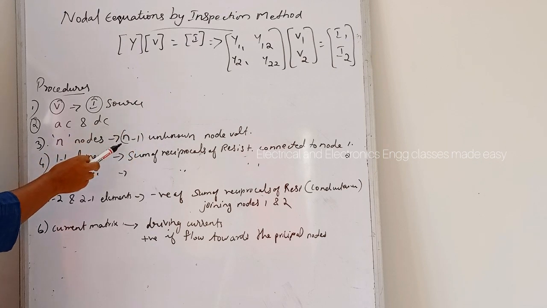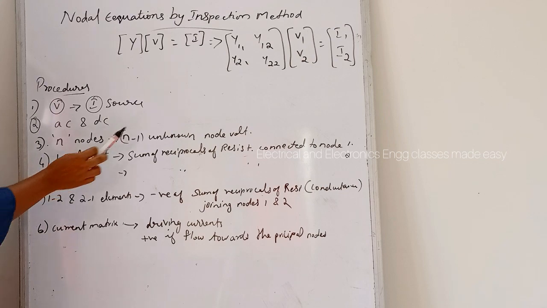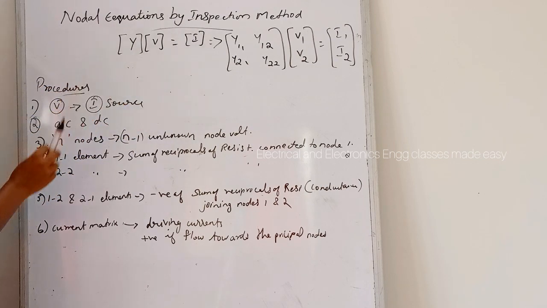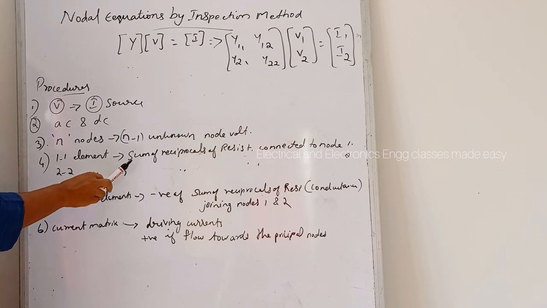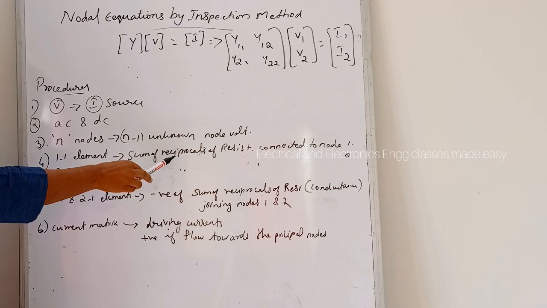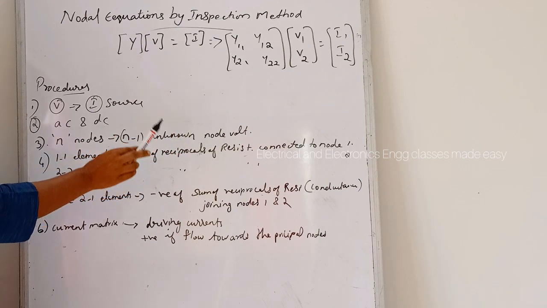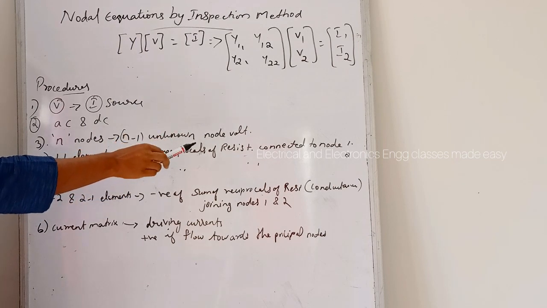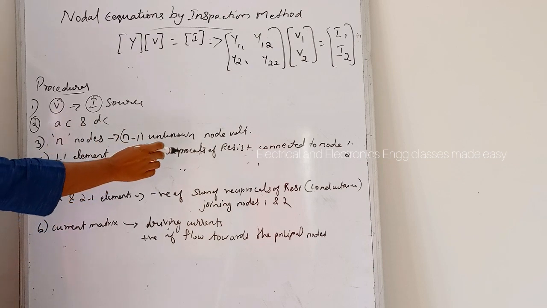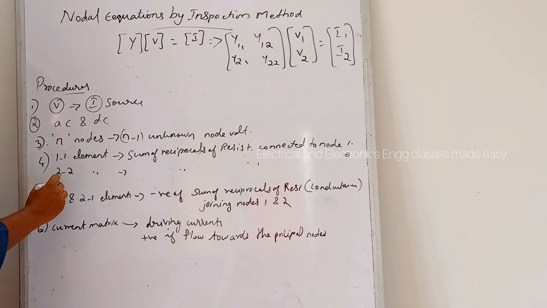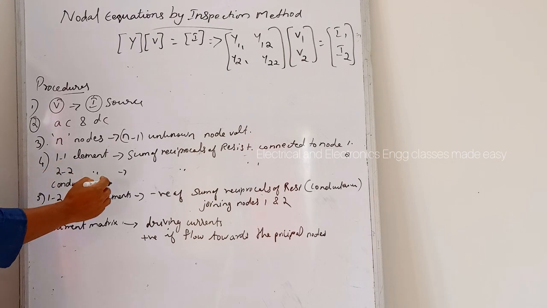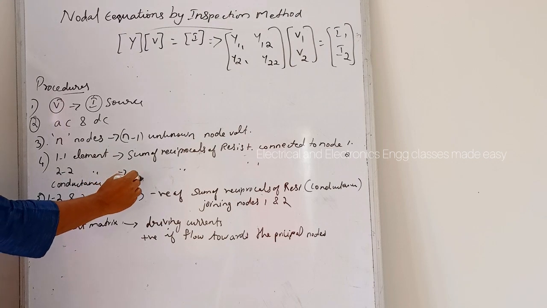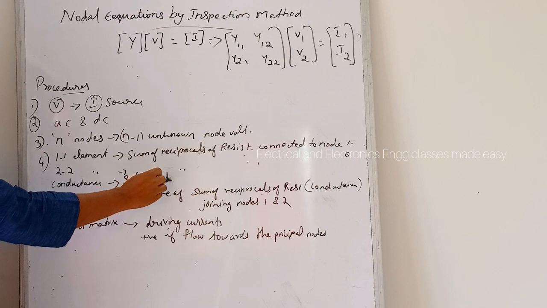Then the fourth one: the 11 element and 22 element, that is y11 and y22, mean the sum of the reciprocals of the resistances connected to node 1, and to node 2 respectively.